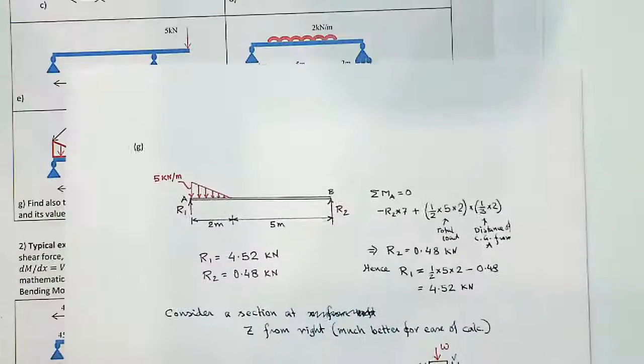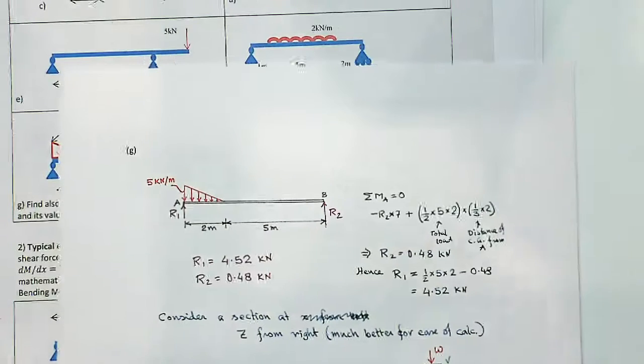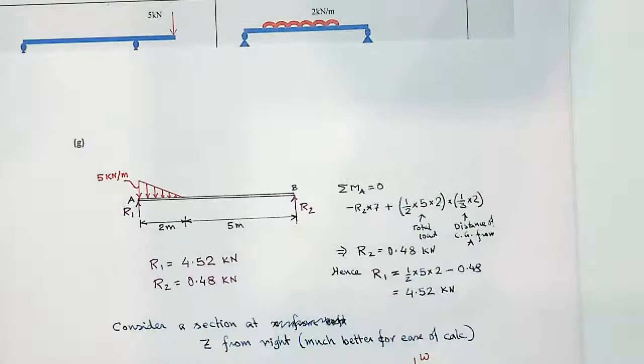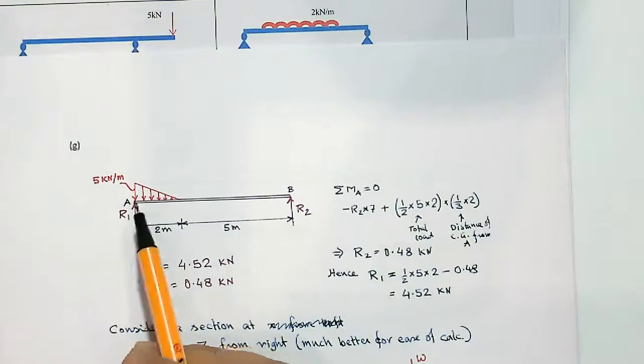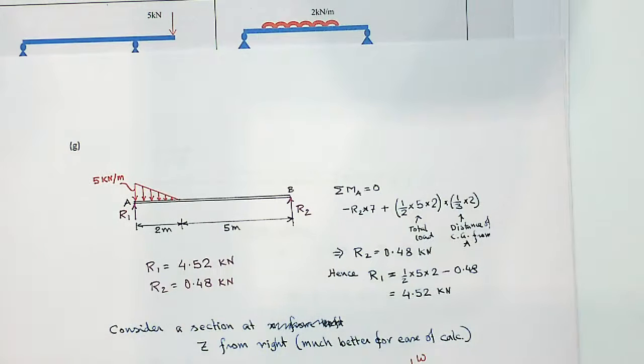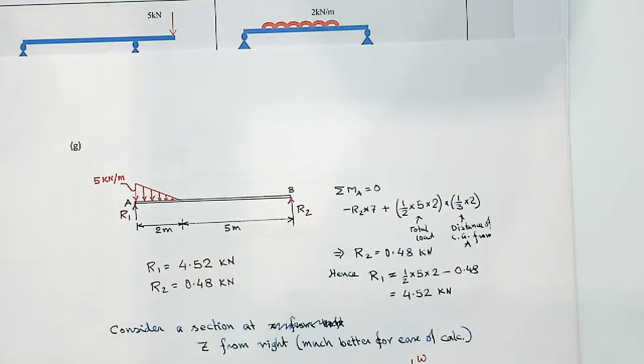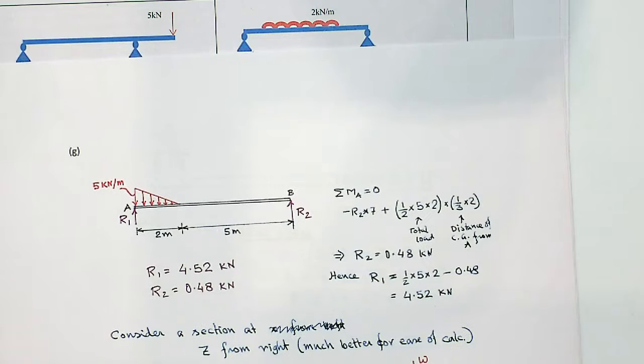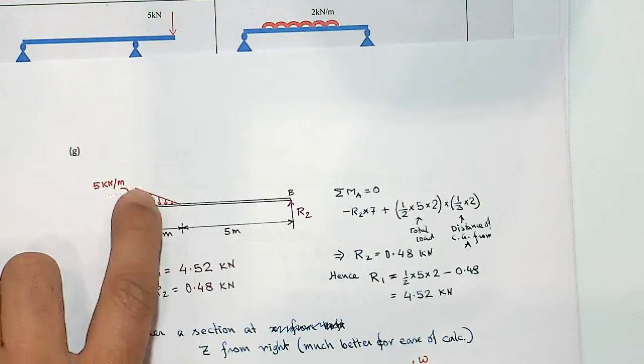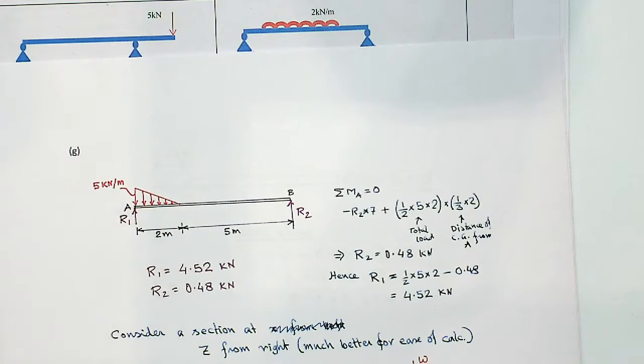So the first thing you need to find out is the reaction forces. How do you find the reaction forces? If the load is distributed, you need to find out what is the total amount of the load and where the load acts.